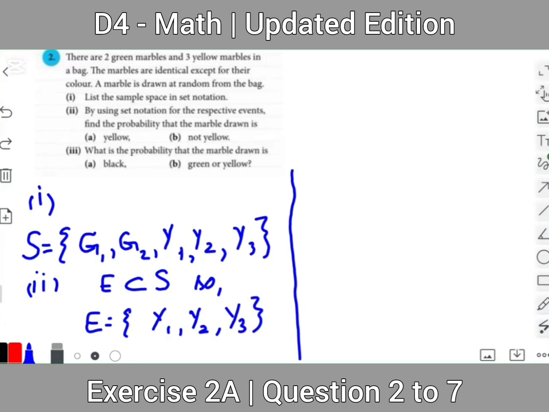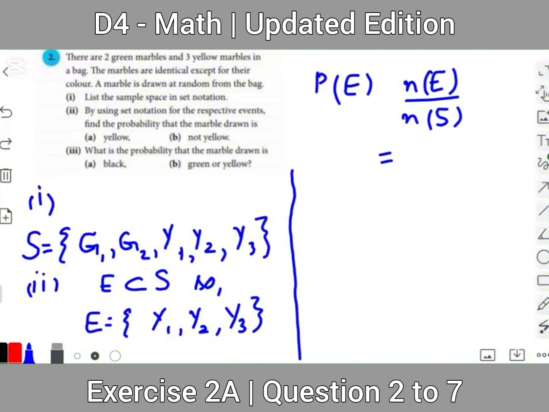And the probability of E will be found by the number of elements in the event divided by the number of elements in the sample space.